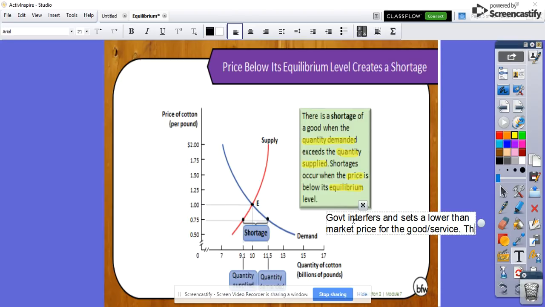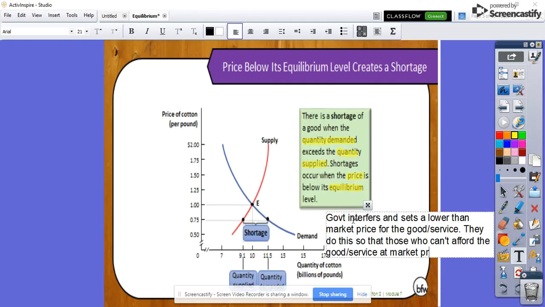Typically, they do this so that those who can't afford the good or service at market price can afford it at the lower price.